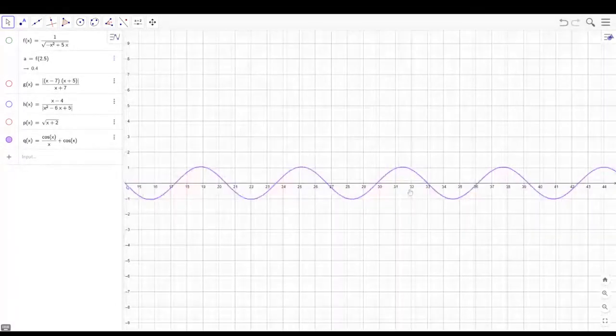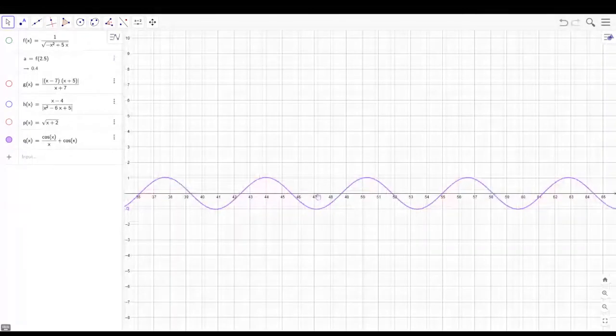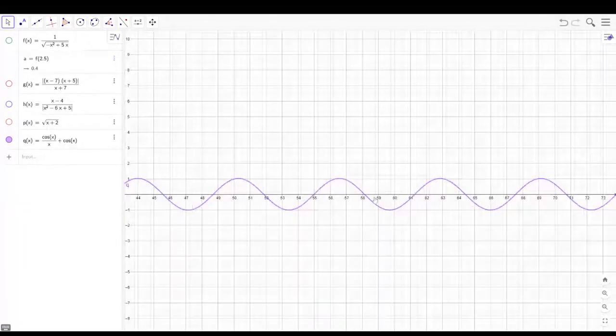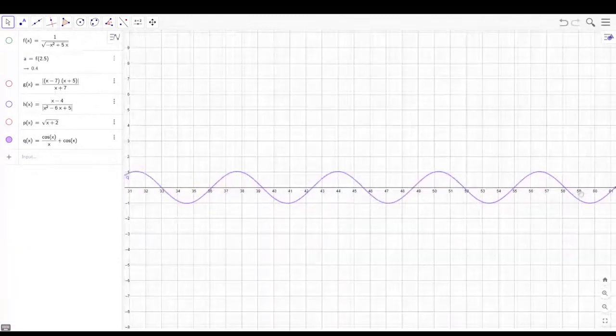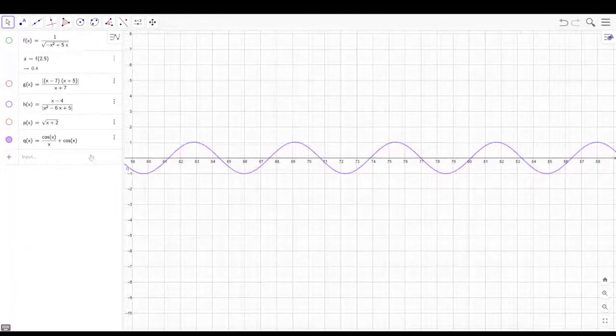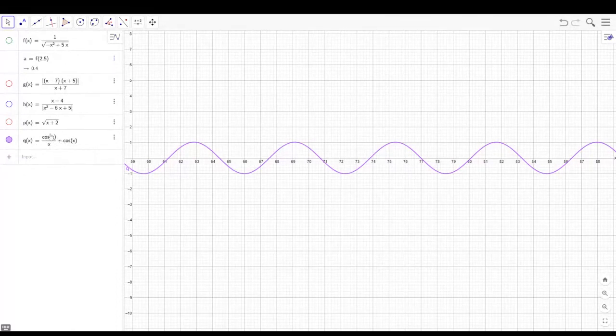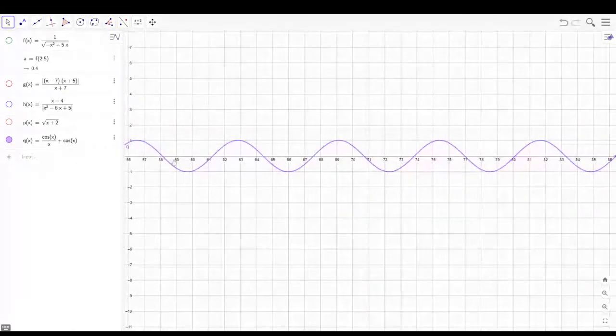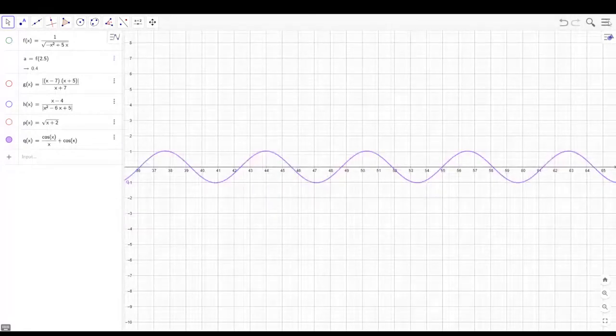We're interested in what happens as x gets large. And you can see it just keeps oscillating between +1 and -1, right? And the reason is this, as x gets large and positive, this thing doesn't contribute much to this. Okay, so this cosine x dominates. Okay, so it's definitely true.